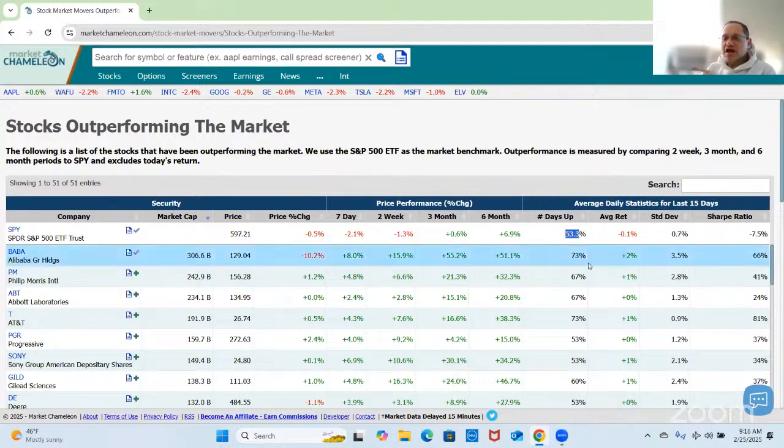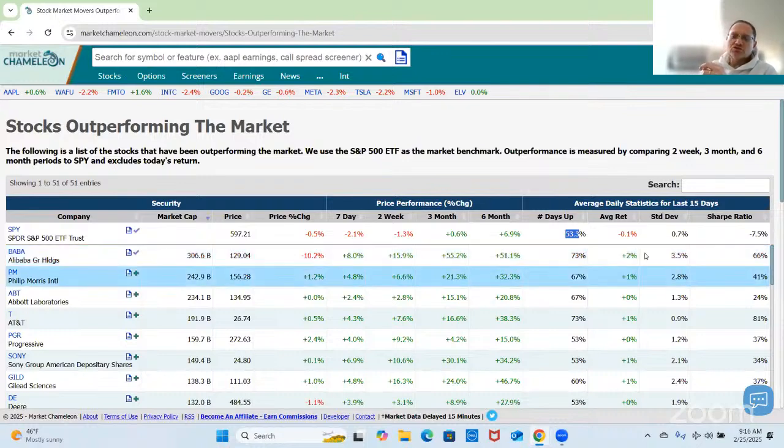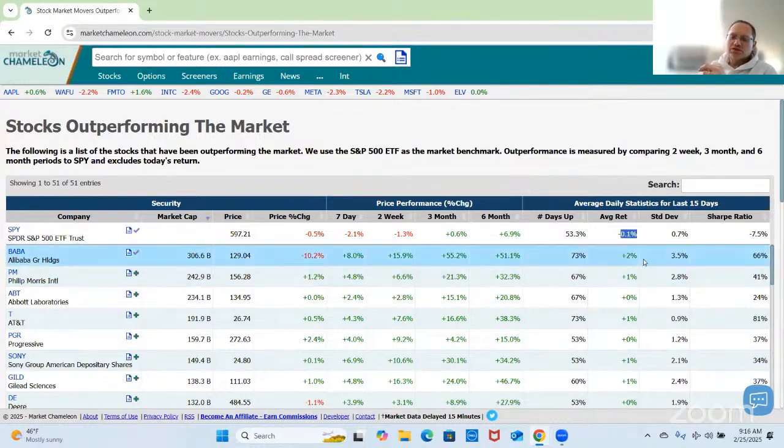What about the average return? Why do we look at the average return? Because the up days and down days, the magnitude of those days could be different. Stocks could be up or down, but the percentage moves could vary.